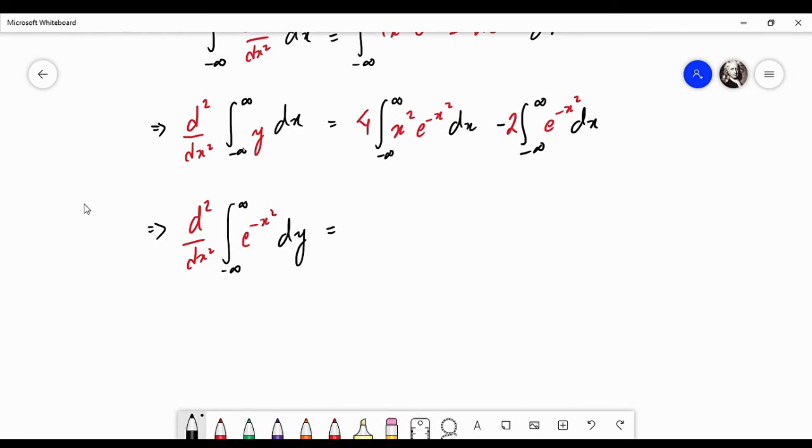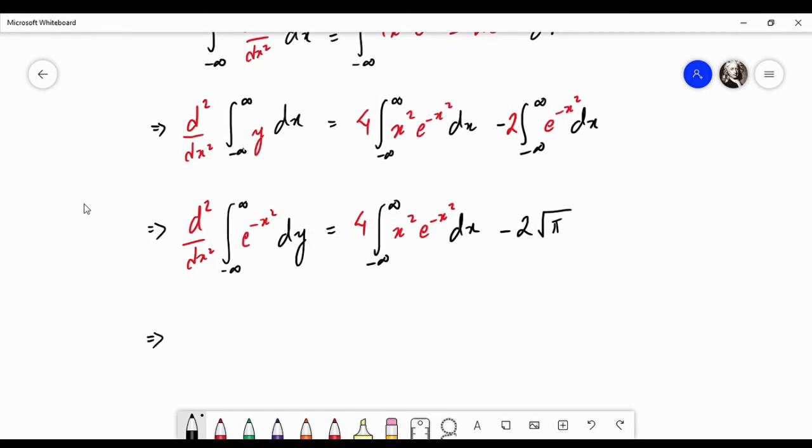We'll show that in the next step. And we have here 4 times the integration from minus infinity to infinity, and look what we have here. This is the integration that we need, right? And then this is minus 2 times whatever this is, which is just root pi. That's what we just showed in the previous integration.